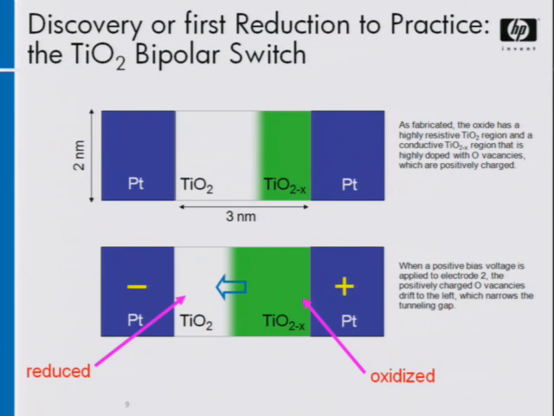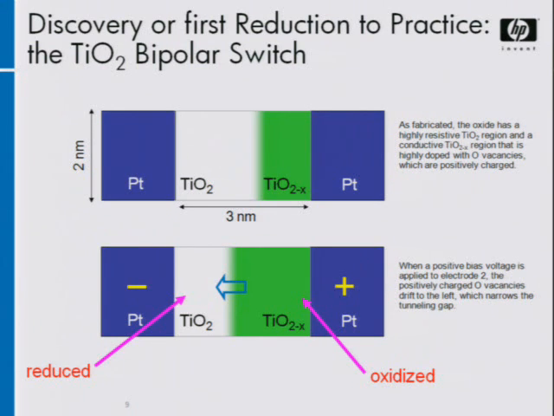So the simplest idea was that we knew from our physical measurements that we had two different layers of titanium dioxide in the system, one stoichiometric and one oxygen deficient. Well, those oxygen vacancies will drift when we put a high enough electric field across the device. And so that's what's happening here. If I put a positive bias voltage here, that will cause the oxygen vacancies to drift to the left. But what that does is it makes this region here of stoichiometric titanium dioxide more narrow.